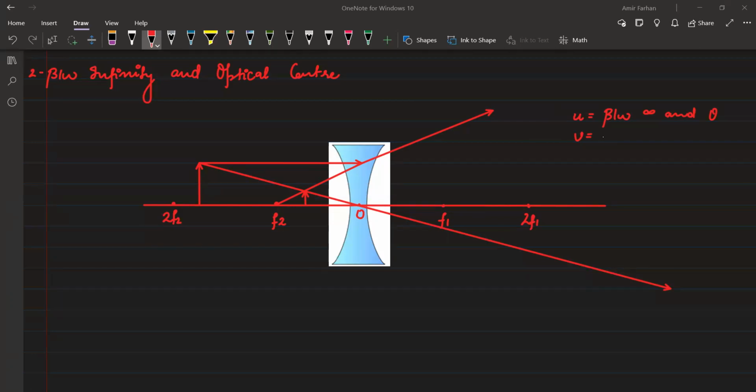Okay, so v is between O and F2. Nature would be virtual.